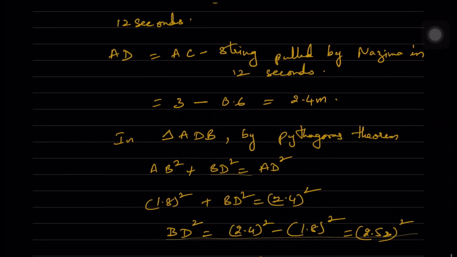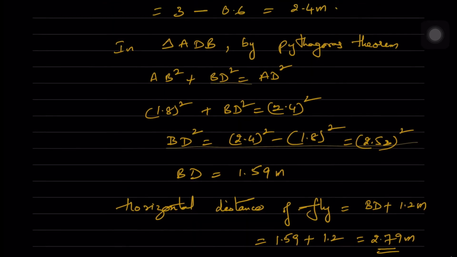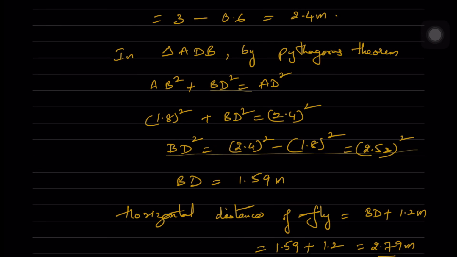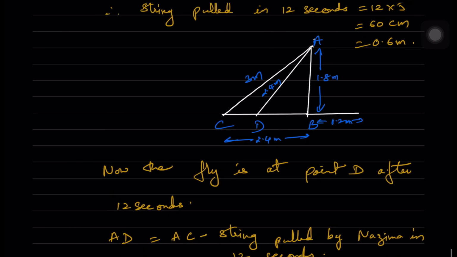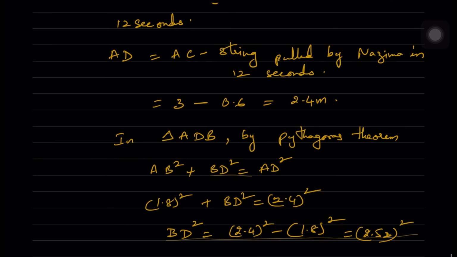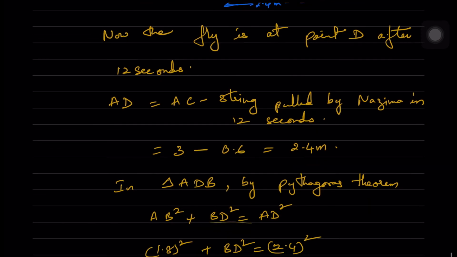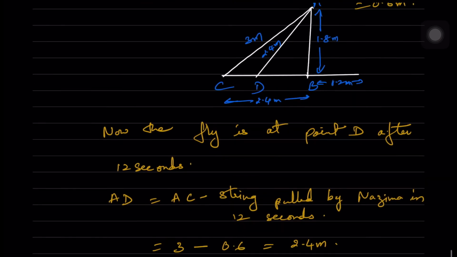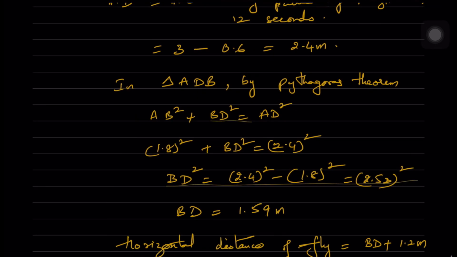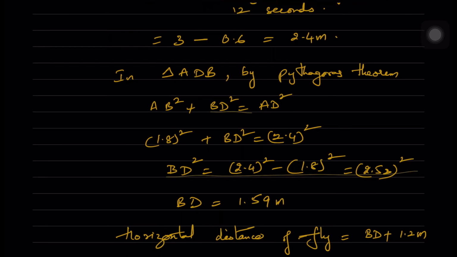So in triangle ADB, by the Pythagoras theorem, AD square is equal to AB square plus BD square. All of them are given. So 1.8 whole square plus BD square is equal to 2.4 whole square.